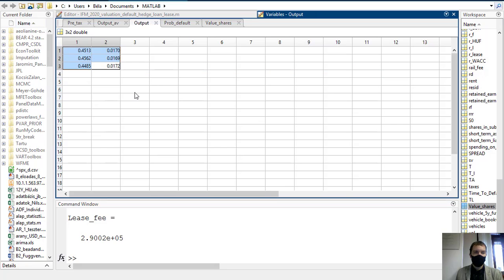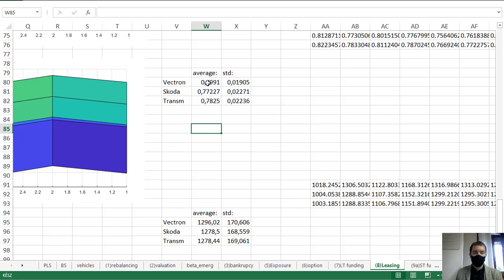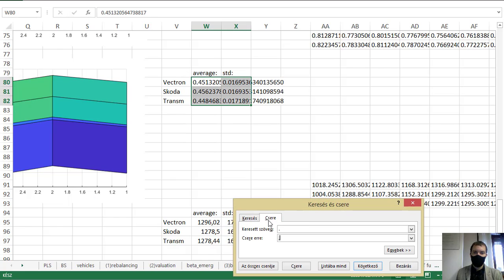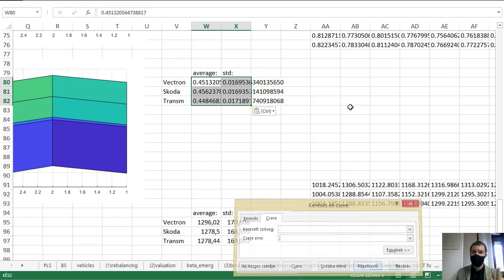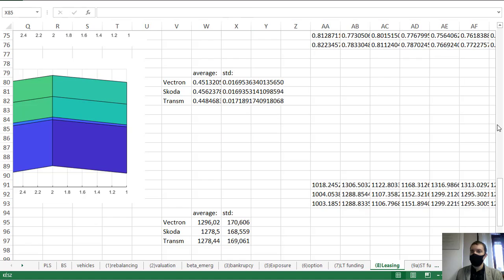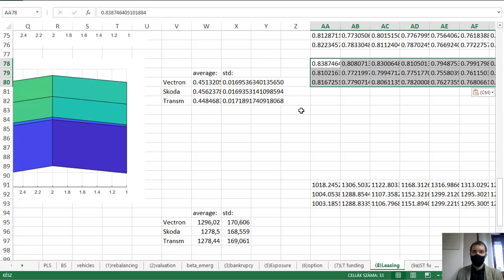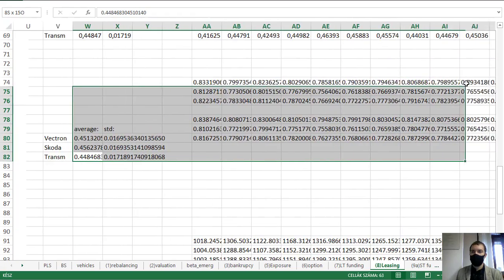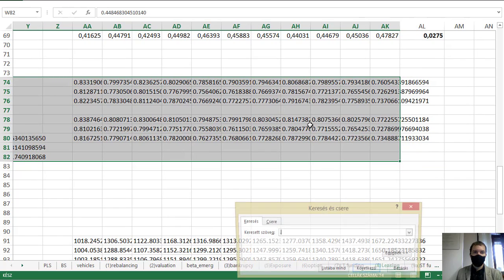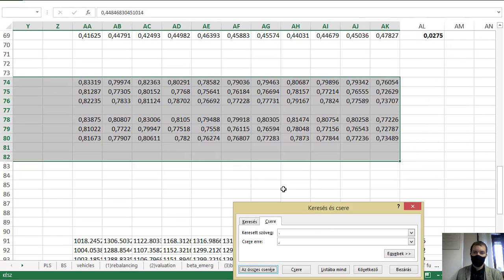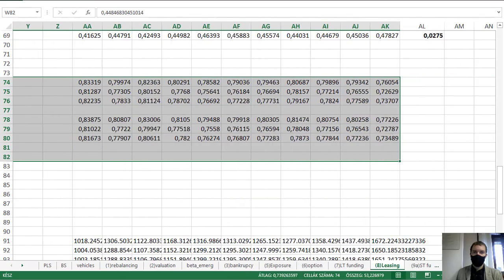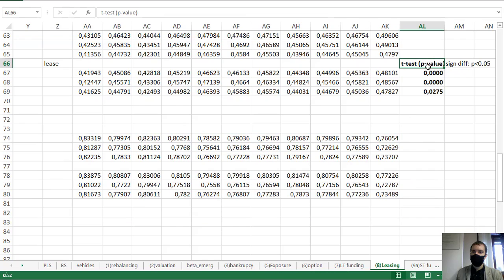Okay, output. Let's wait for it so we can convert it when I copy the rest here, and now we can please copy.